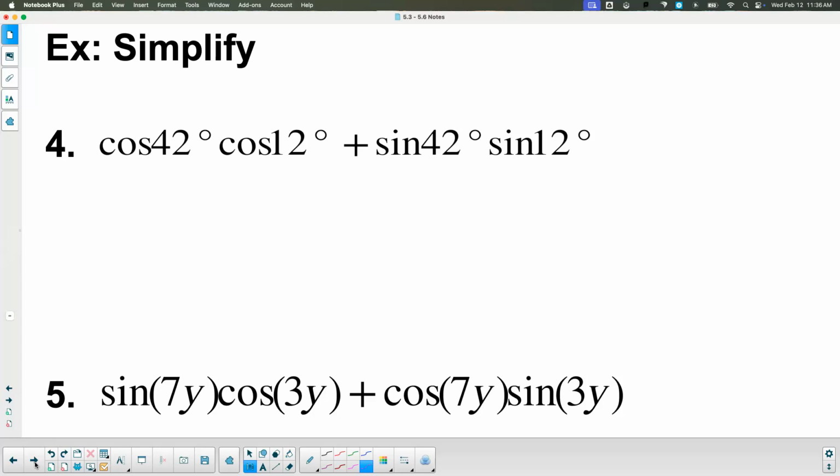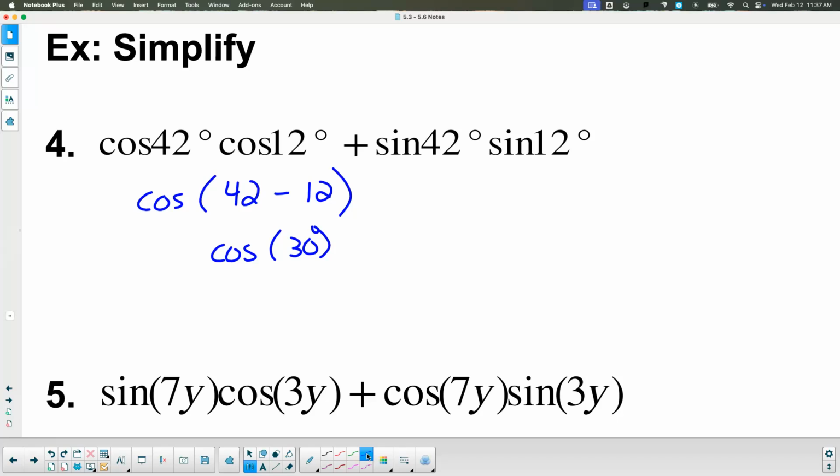Cosine, cosine is cosine. Is this a cosine plus, or a cosine minus? We know that it's going to be cosine of 42 and 12. Is it going to be plus or minus? Minus, okay. What is 42 minus 12? 30, so this is the cosine of 30.